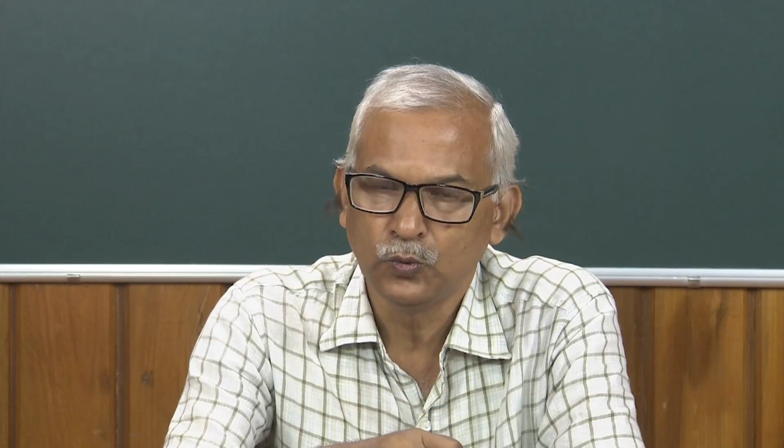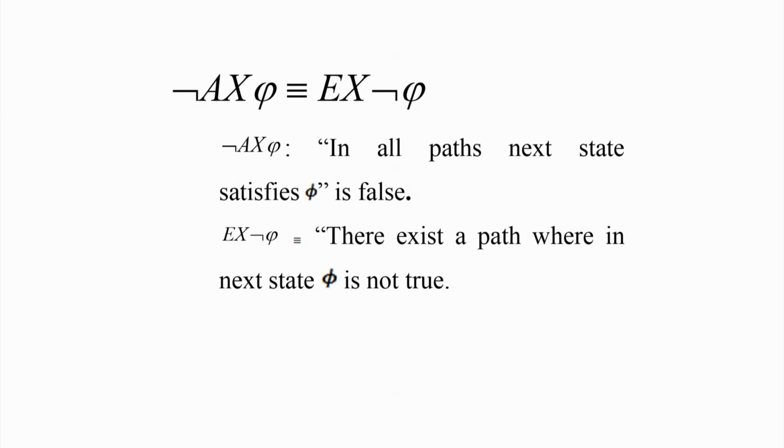So, in any model in any state, if one is true, then the other is also true. Either both are true or both are false, and that is why we say that these two formulas are also equivalent.